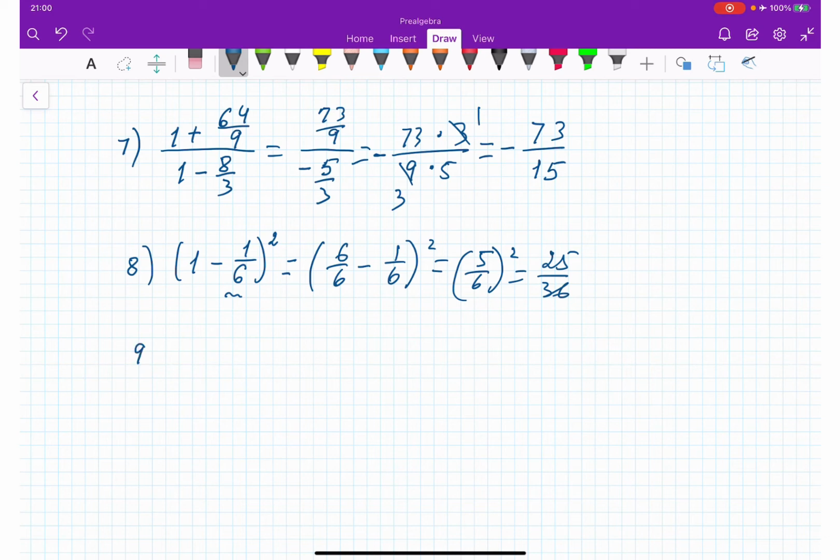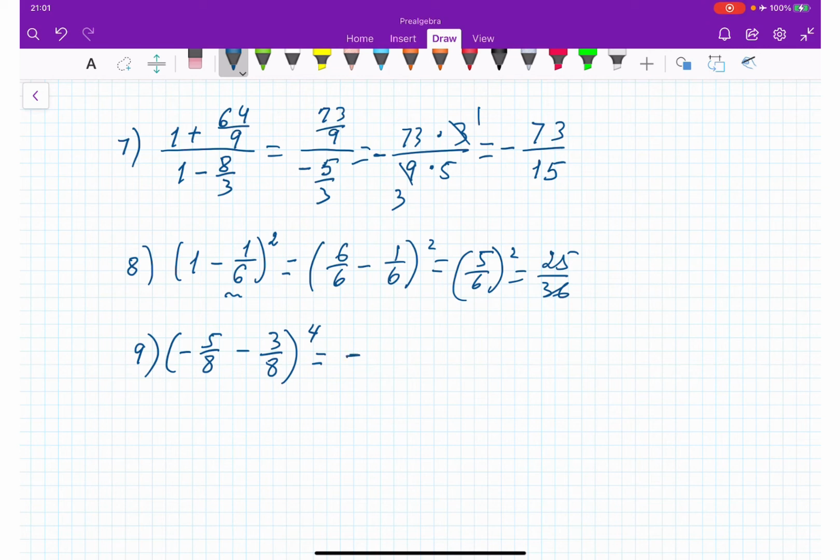Question number 9. Negative 5 over 8 minus 3 over 8, and that is raised to power 4. All right. Both of them are negative, so the negative is going to stay outside.